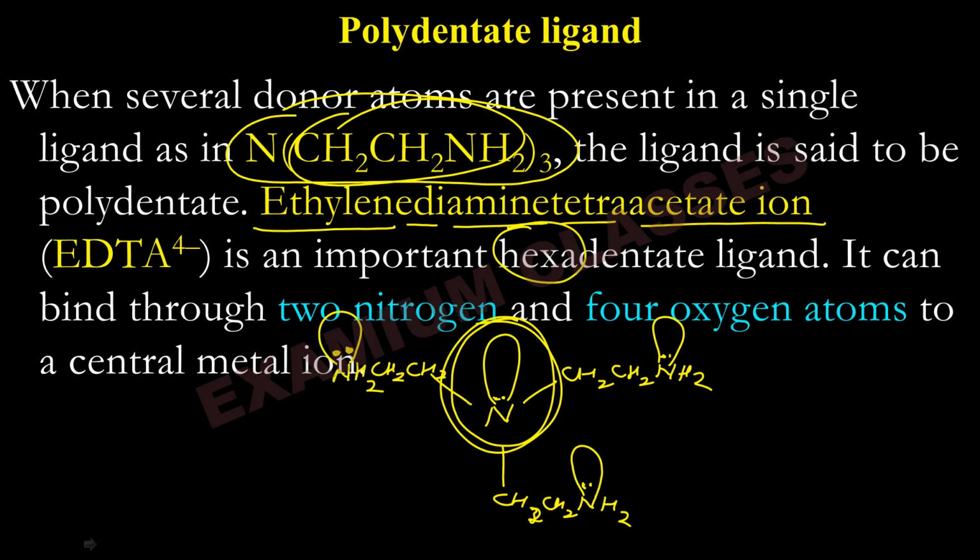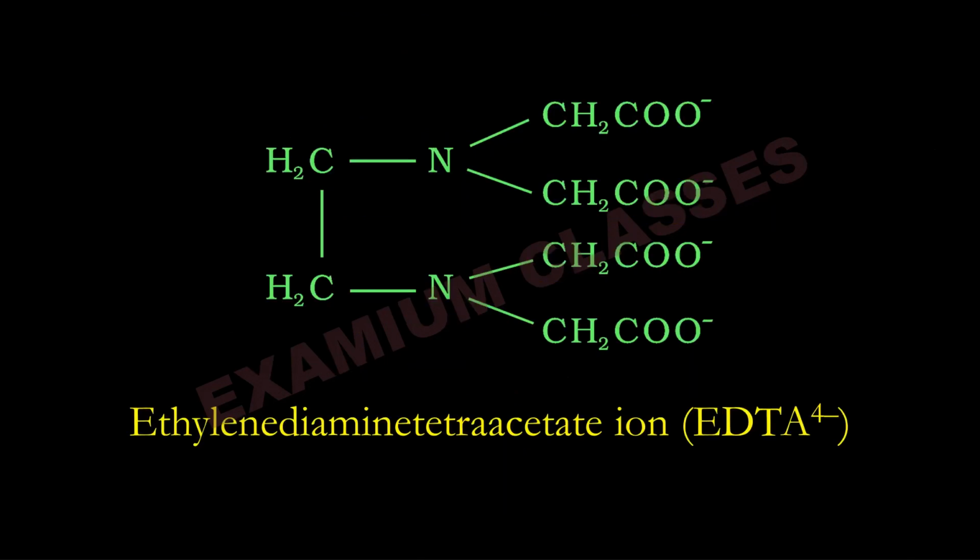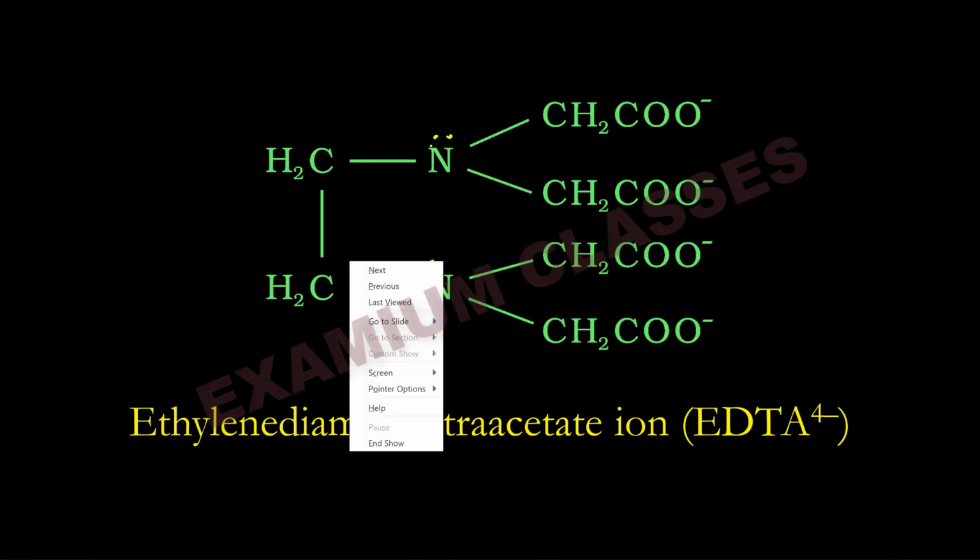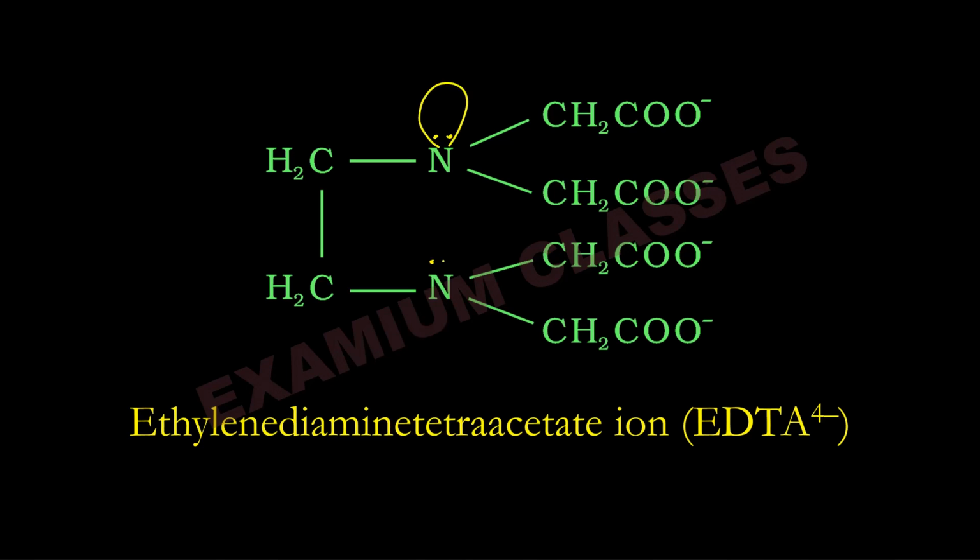For that, there is a structure. So this is the structure of ethylene diamine tetraacetate. Here you can see this nitrogen, this nitrogen. So you have 1, 2 lone pairs, and then you have excess electrons here. All these 6 sites will form the bond, coordinate bond.